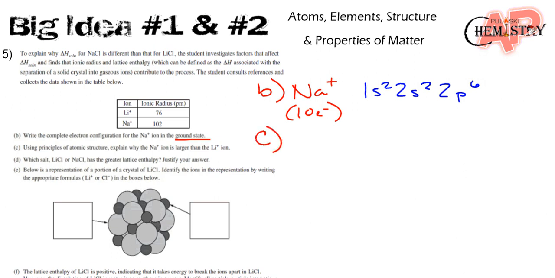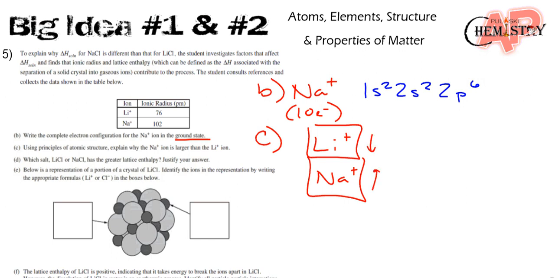C, using principles of atomic structure, explain why the Na plus is larger than the Li plus. Okay, well, they're both plus, so the charge doesn't matter. So Li plus is here. I'm just drawing it on the periodic table, like where it's located. And they're right above and below each other, right? So it's saying, why is the Na plus larger than the Li plus?